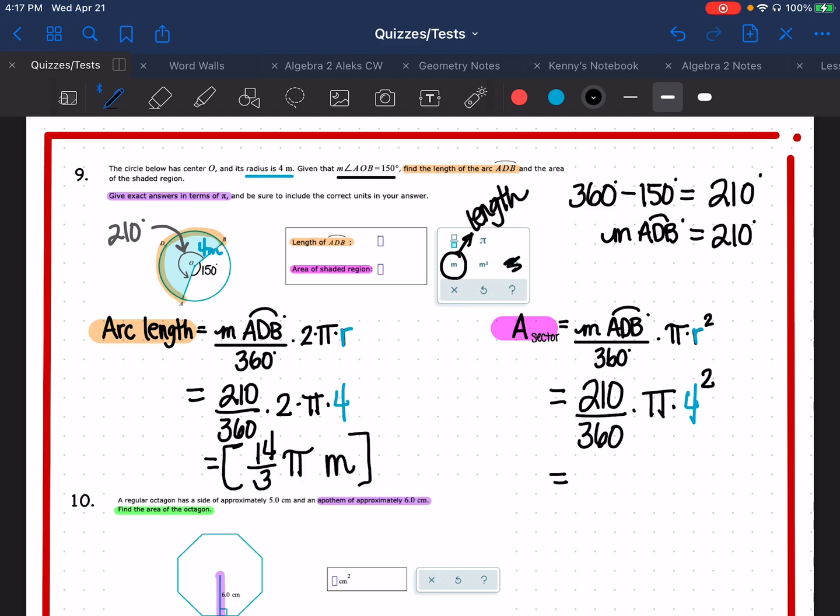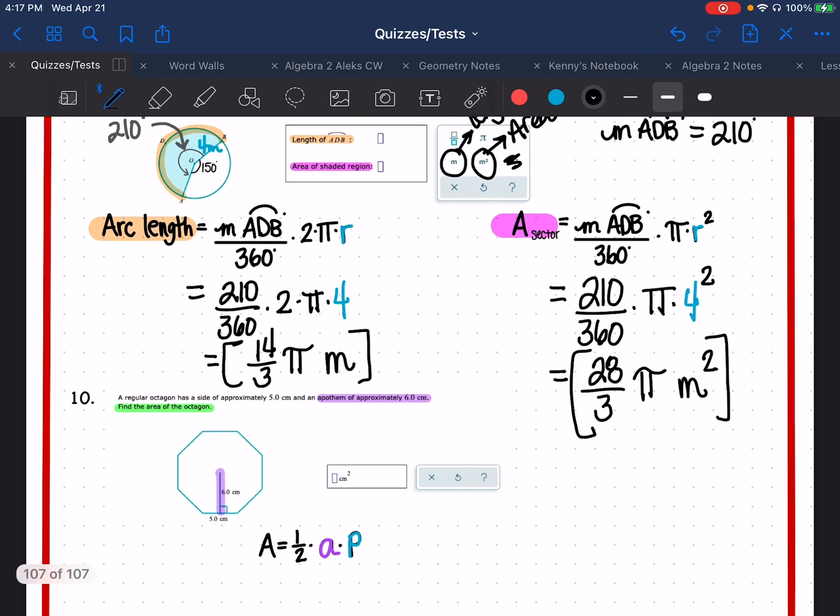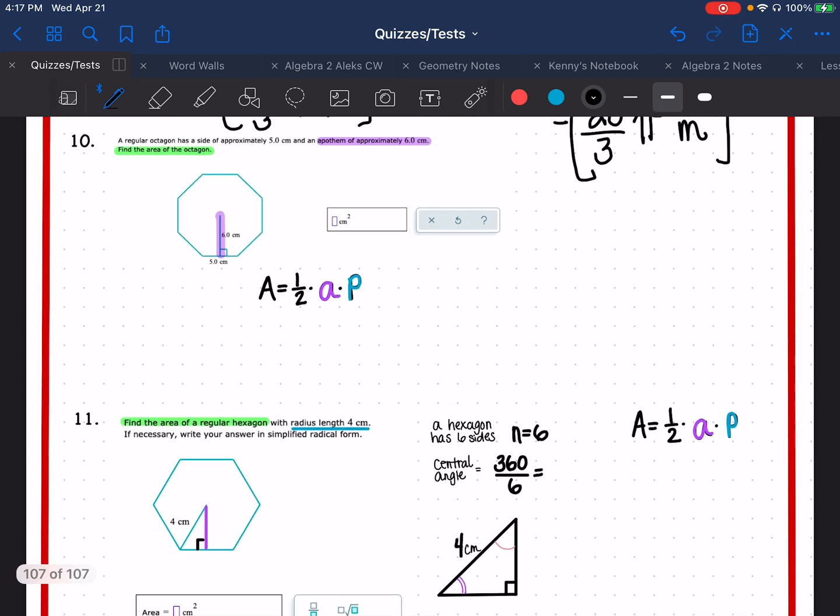I want to make sure that I turn my decimal into a fraction in Desmos. There we go. I put the symbol pi behind my fraction, and because we're talking area, I need to use the unit squared, meters squared. So this one is for when it says area. Don't use the cubic. All right, the last two questions are going to come from our last assignment.